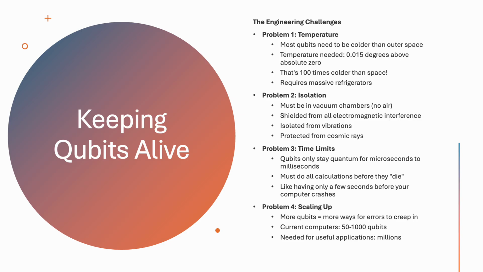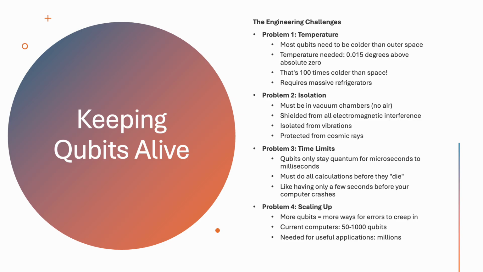To put this in perspective, outer space is about 3 degrees Kelvin, so those qubits are roughly 100 times colder than the vacuum of space. This requires massive dilution refrigerators that look like giant golden chandeliers with multiple cooling stages that gradually bring the temperature down. But extreme cold is just the beginning.